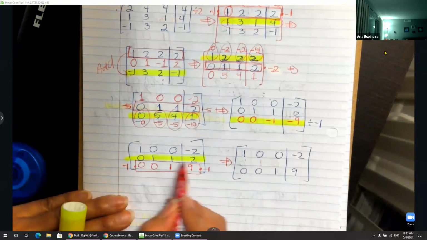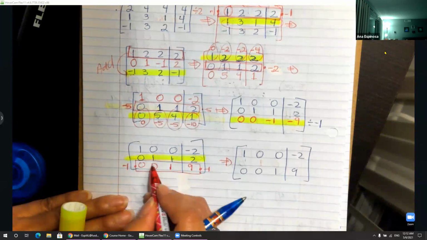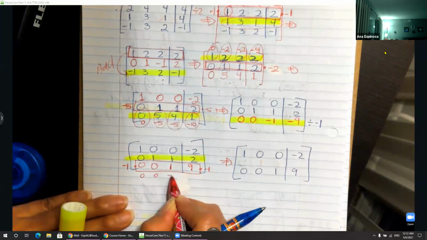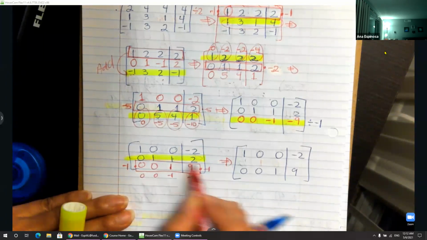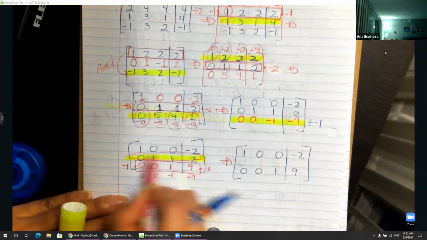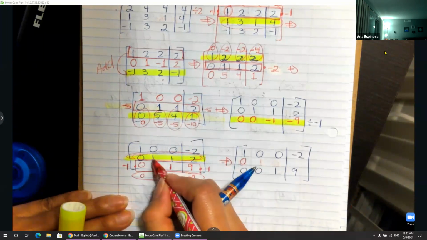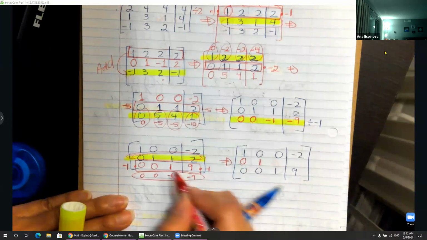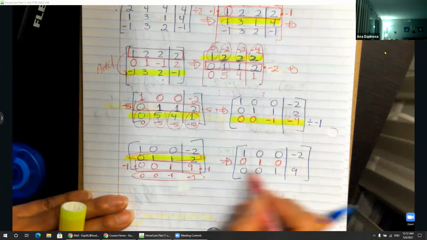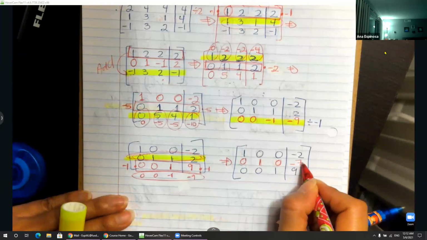Wherever you want to put the answers, you're going to add it to the middle row. So I'll put them here at the bottom. 0, 0, -1, -9. And then I'm going to add this entire row to this bottom. So it's 0, 1, 0, 7.